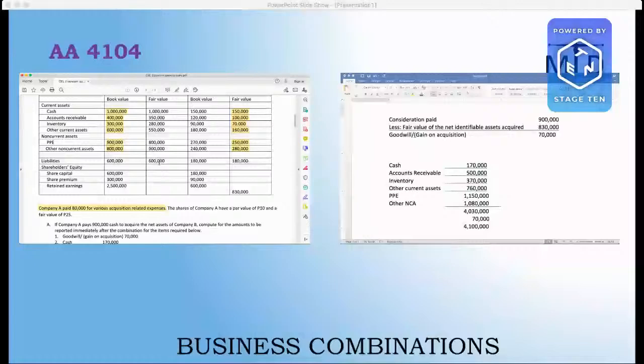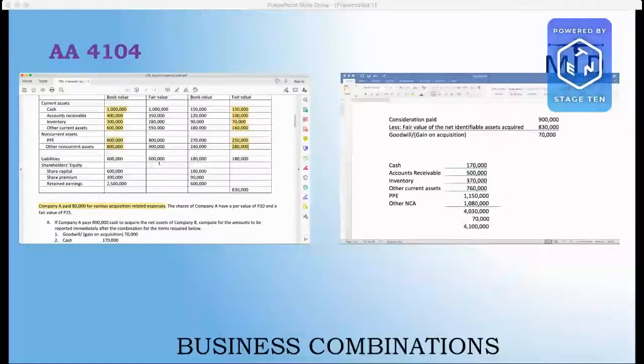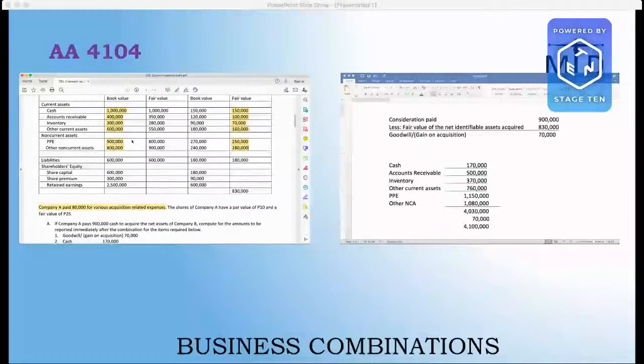Other source of errors in the computation of your combined total assets is the exclusion of your goodwill. Include the goodwill even though they have already correctly computed that the transaction resulted in a goodwill of 70,000. So they would forget that there's a goodwill of 70,000, and even though they know that goodwill is an asset, they would forget to include that in their computation of the combined total assets.